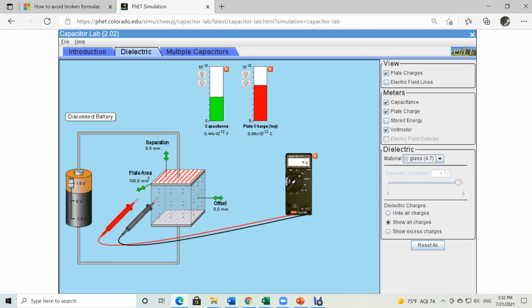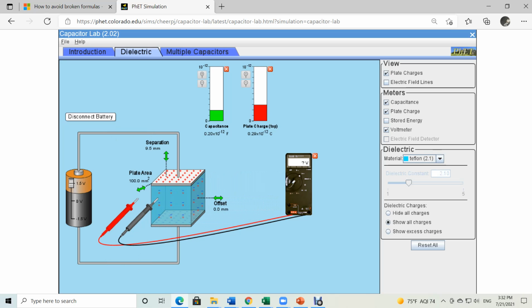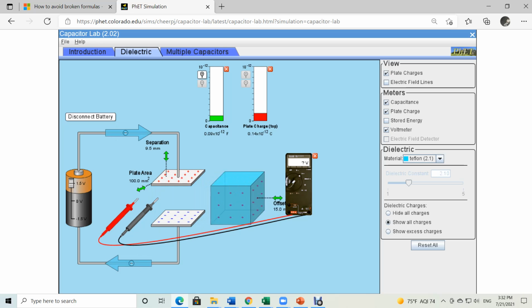Let's see. Okay, that's one dielectric material. That's another dielectric material. Less charge. Let's go, Teflon, right? Less charge. It should decrease the amount of charge. Okay? 0.14 to 0.29. 0.14 should increase the amount of charge.